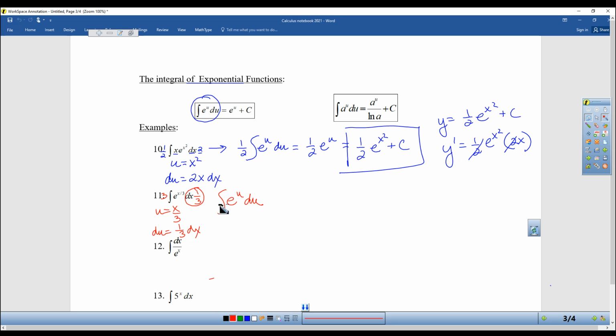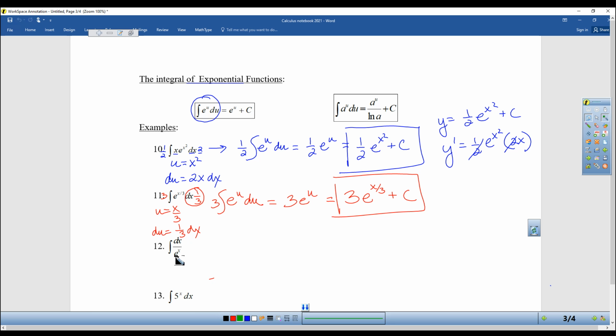E to the u, the integral stays, and the 3 stays. And like I said, sometimes this is hard for kids. You feel like you haven't done anything, but the integral of e to the u du is just e to the u. And that leaves me with 3e to the x over 3. What's great is you can take the derivative to check.